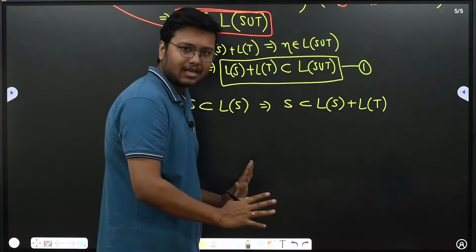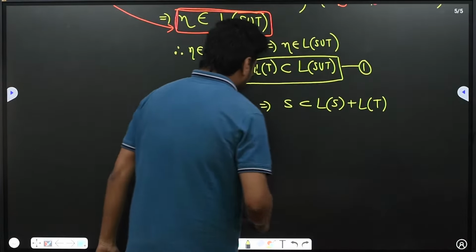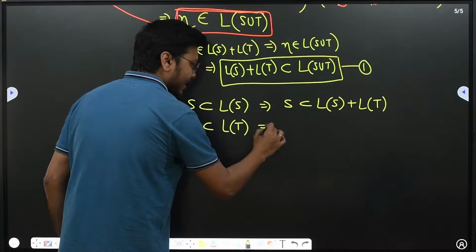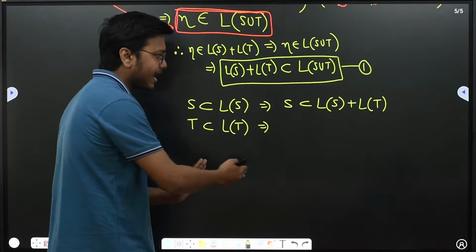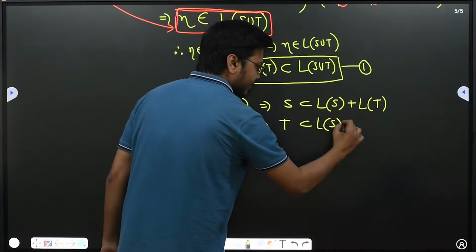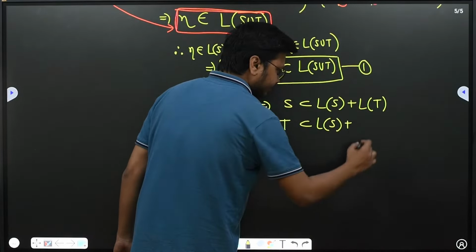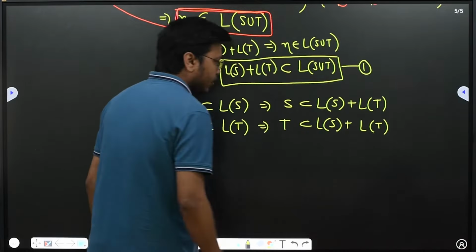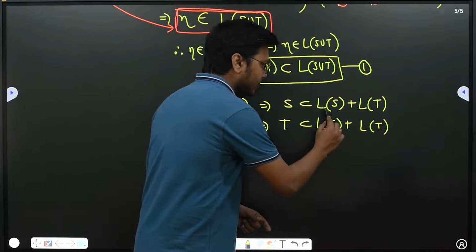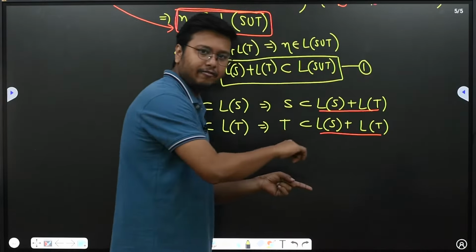So it's still going to be a subset, right? Again similarly, T is a subset of L(T), and again I can increase the right hand side by adding L(S). So that means T is a subset of L(S) plus L(T), right? So I can see that S and T are both subsets of the same RHS that I have written.